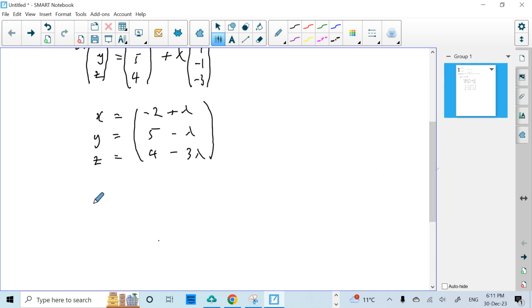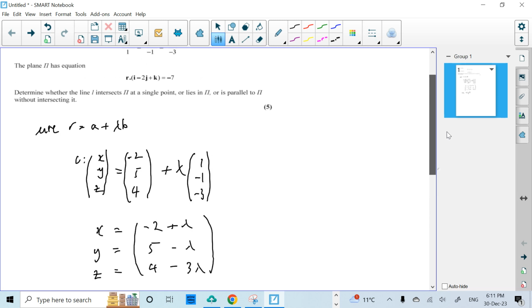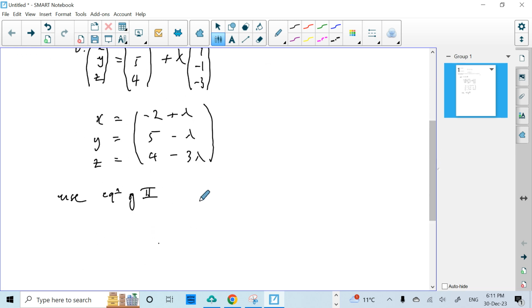Now, though, I'm going to use the equation of the plane. What is it? Let's go back. We have it as r dot (i minus 2j plus k) is equal to minus 7. So let's write that out.